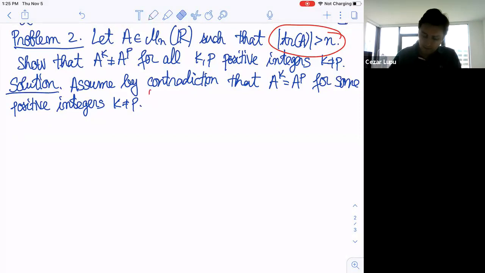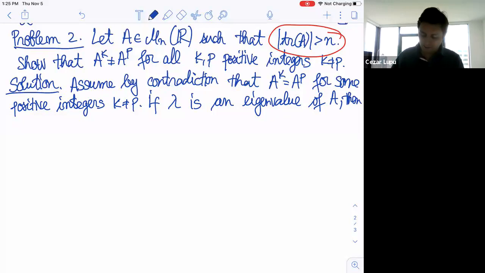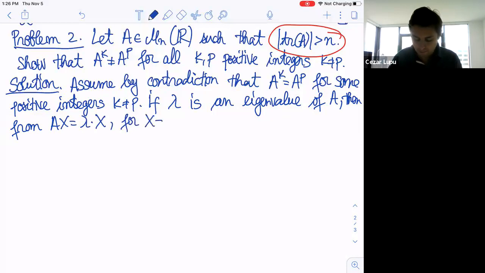If lambda is an eigenvalue of A, then from the definition, Ax is lambda x for some nonzero column vector x.